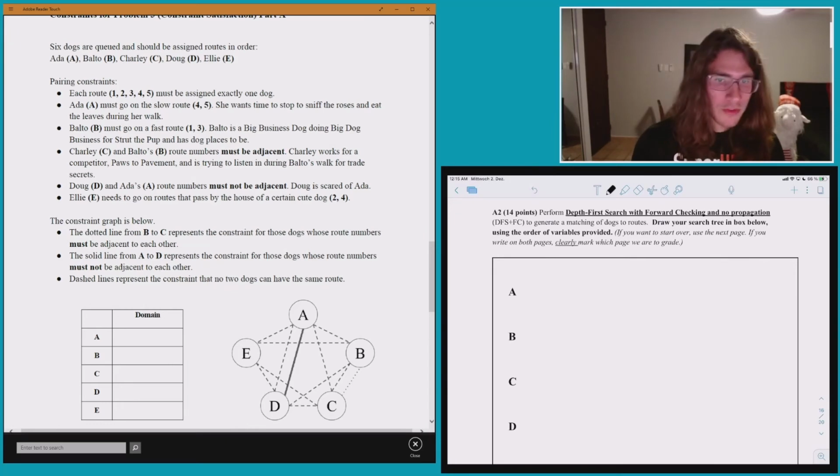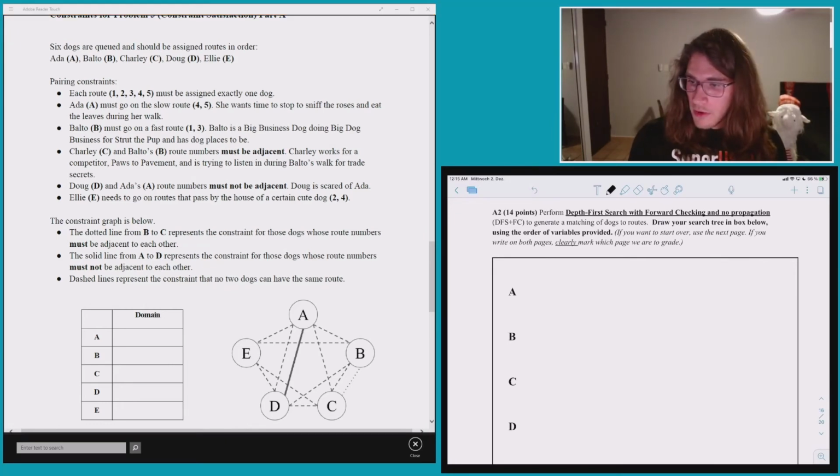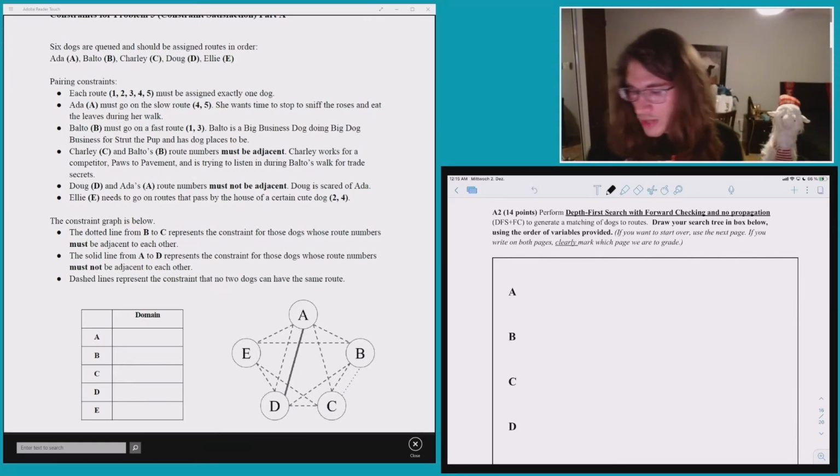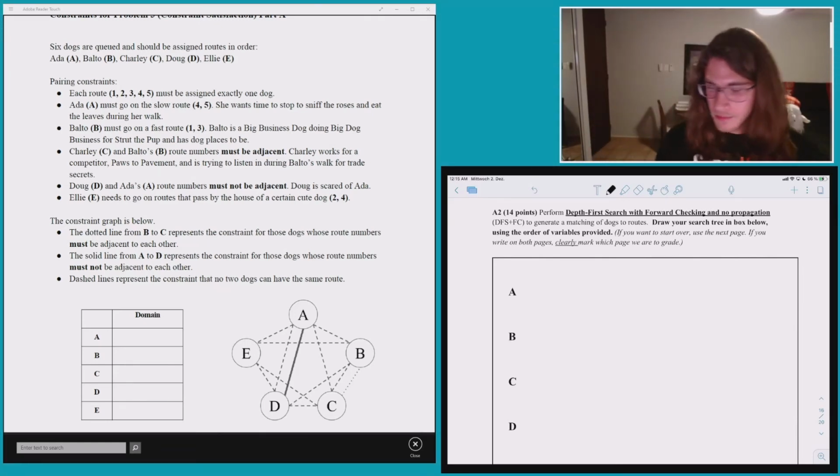Okay, so now we're asked to perform depth first search with forward checking and no backpropagation.